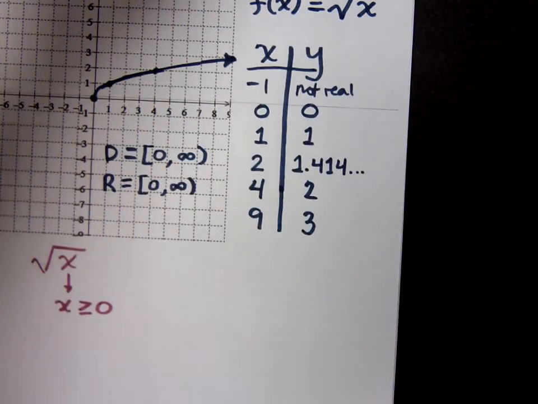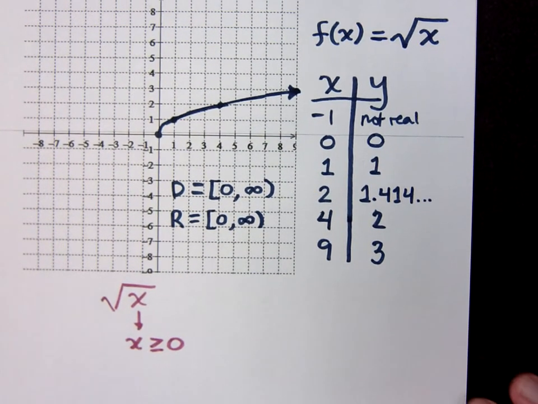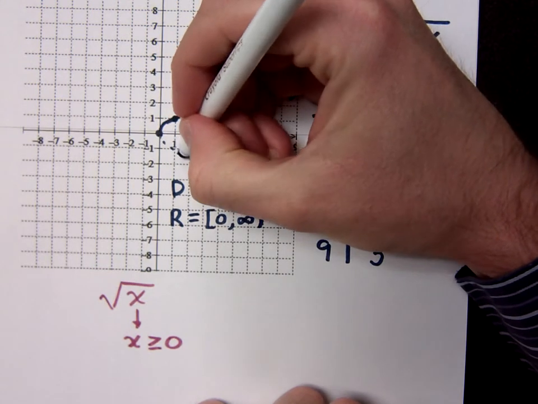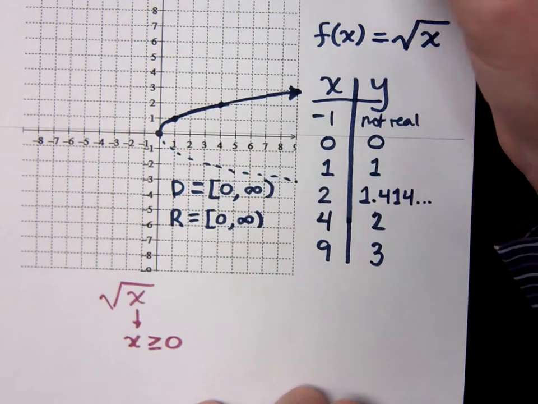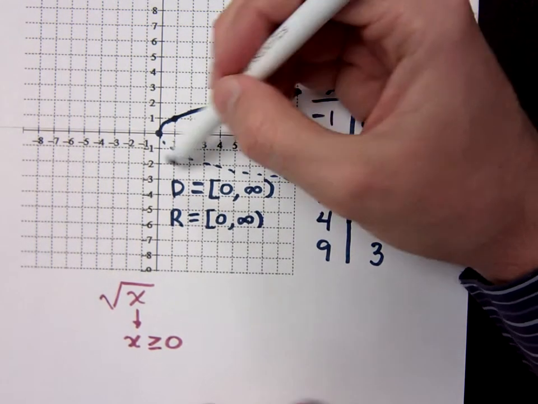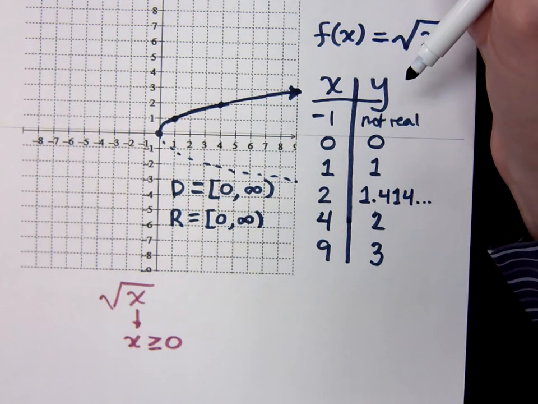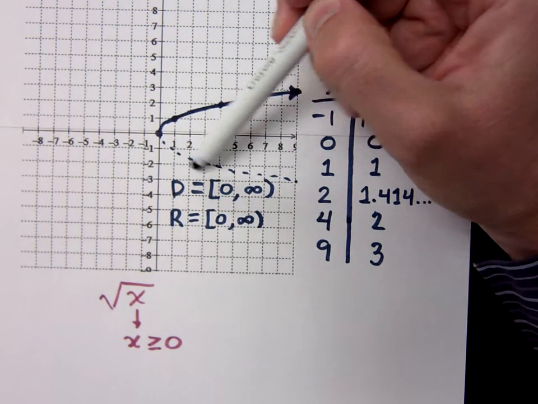Now, something that may help you out here is what this shape looks like. This guy is very similar to the parabola, right? So if you had the other half down here, it would be a parabola. And there are parabolas that are on their sides, but they're just not functions.